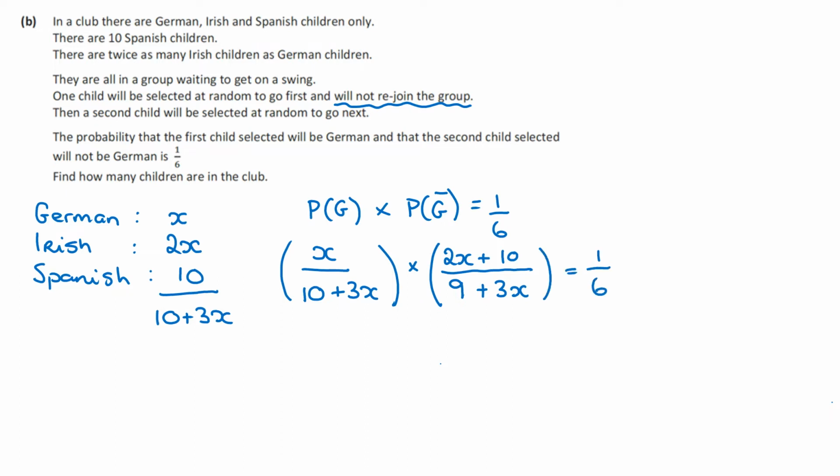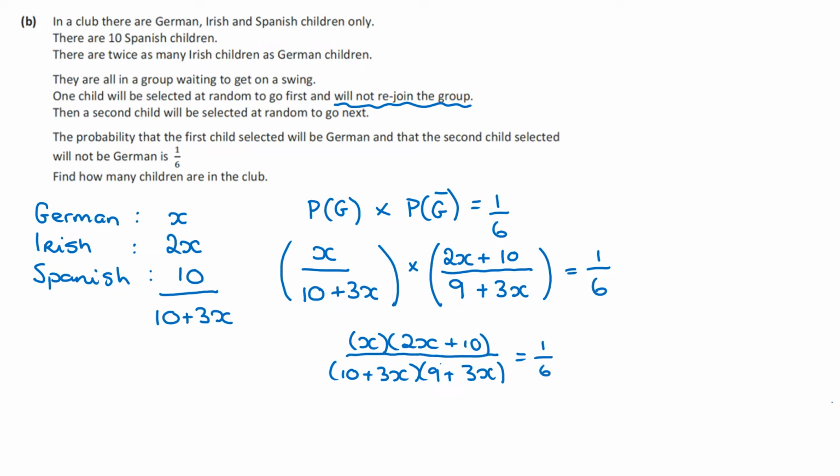And we now have our lovely little algebraic equation which we need to solve. So the top line is x times 2x plus 10 all over 10 plus 3x times 9 plus 3x, and that equals 1 over 6.